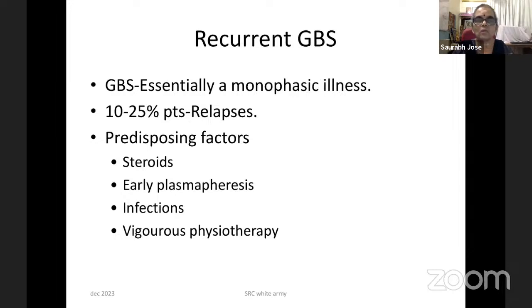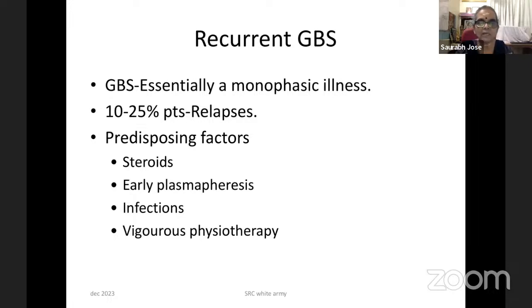So when do you call the condition recurrent GBS? GBS is essentially a monophasic illness. That is how we defined it. But a small number of patients can relapse. What are the situations when they relapse? If you have used steroids, it is said that a good number of patients respond to steroids, even though there is a controversy in the literature.